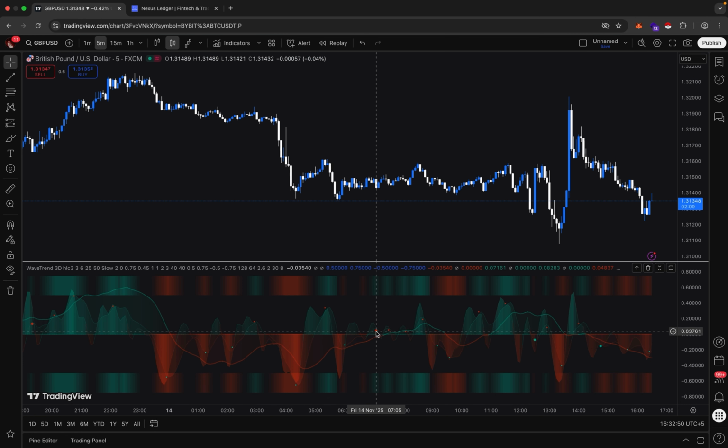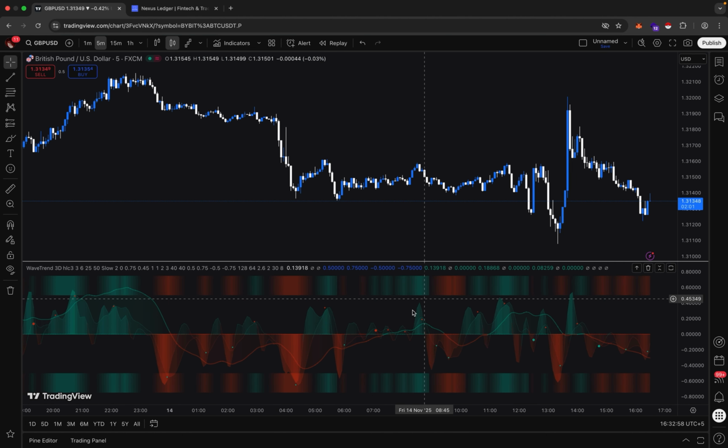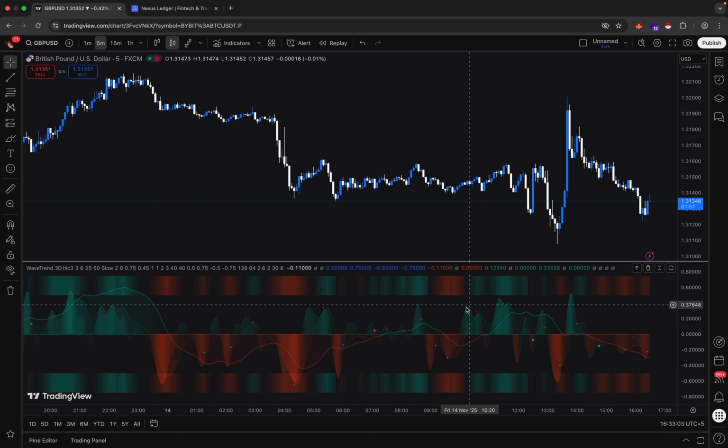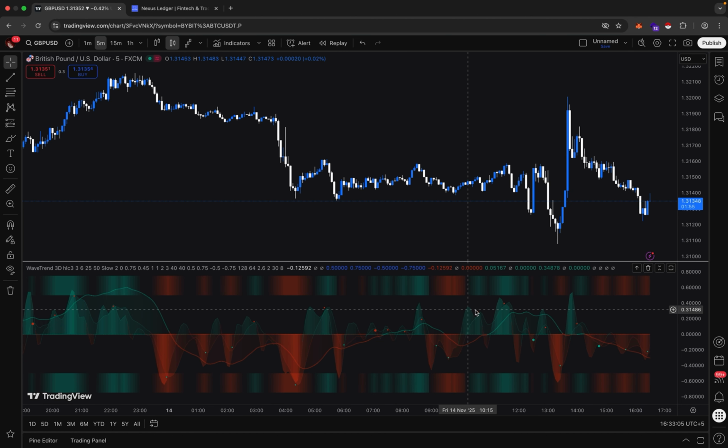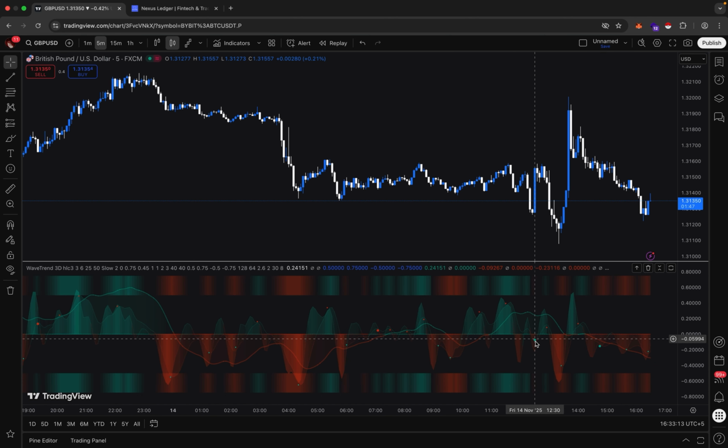Basically, on the red dots you are selling. It's like a sell signal, but you want to first wait for the wave. For example, you can see this is a green wave, and then there's another green wave, but it's smaller, right? So you would want a red dot here, but a big one. This is a small one, this is again a small one, and this is a big green dot, right?